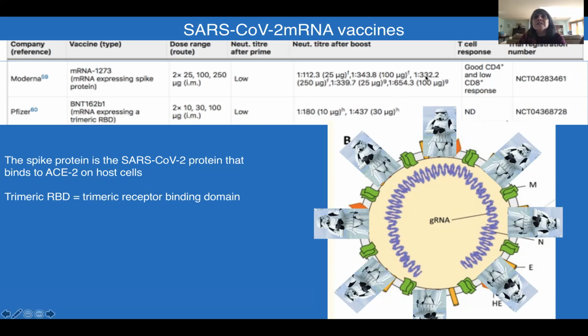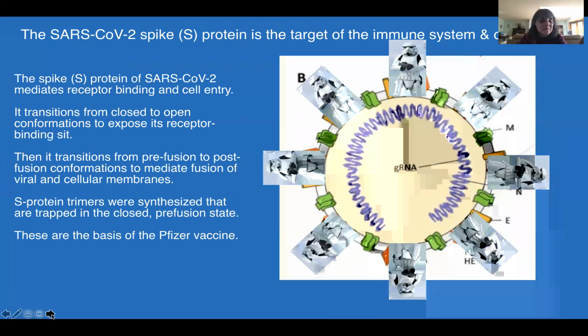And a good titer would be like 1 to 10,000 or something like that. But here they're getting titers of 1 to 654, titers of 1 to 437. It's a C student. It's not an A+ student, you know. Maybe C student is all we need, but it's a C student anyway.